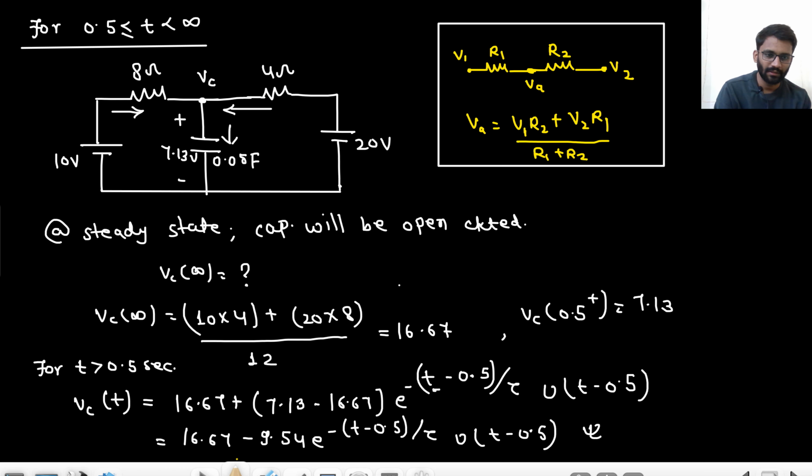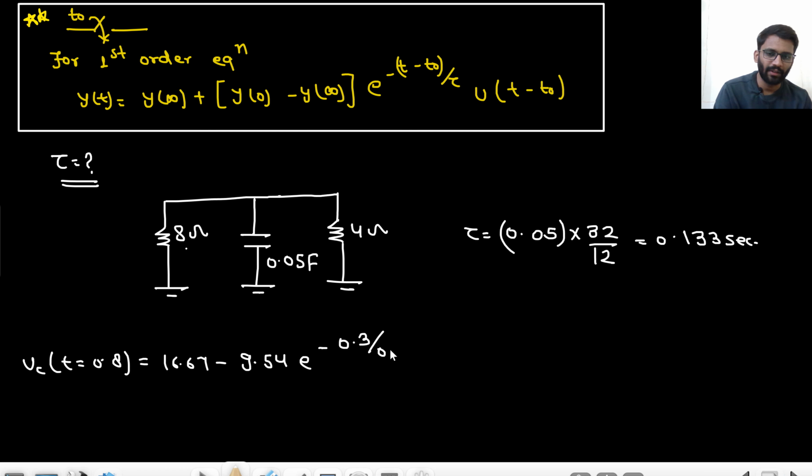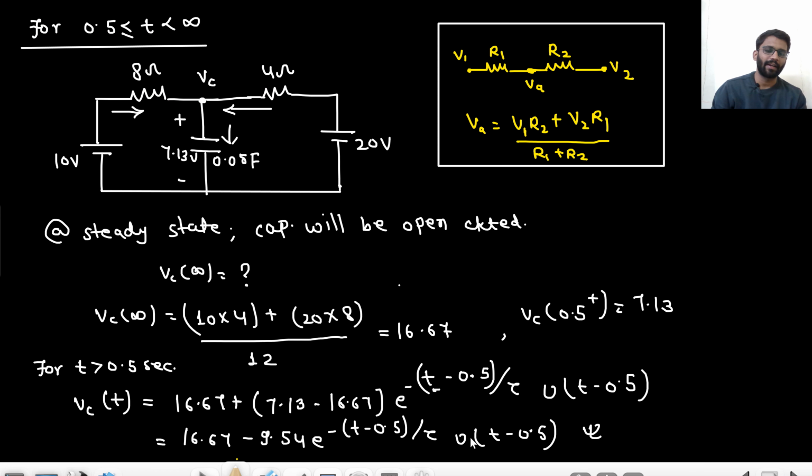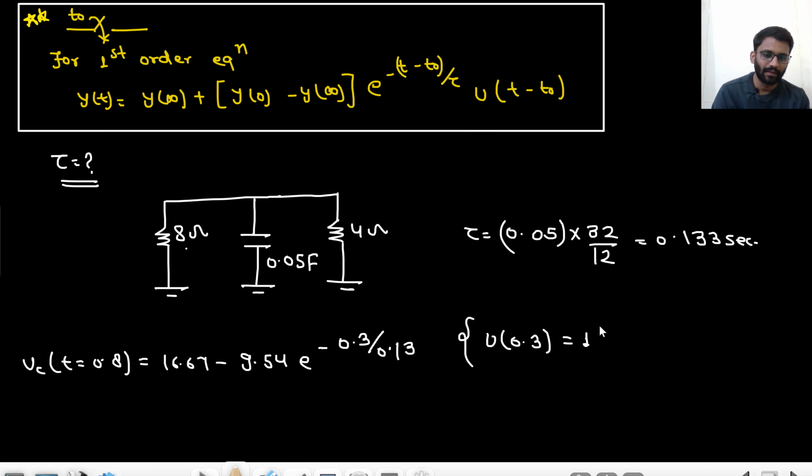Tau is 0.133. And here you will write u of 0.8 minus 0.5, so u of 0.3 is 1 only. Okay, so I just need to solve this.